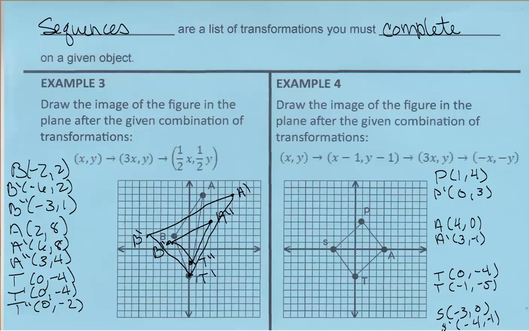So my new P is at 0, 3. A prime is at 3, negative 1. T prime is at negative 1, negative 5. And S prime is at negative 4, negative 1. And then connect those dots.